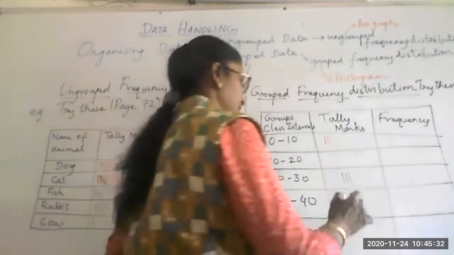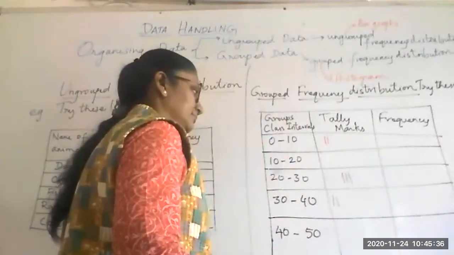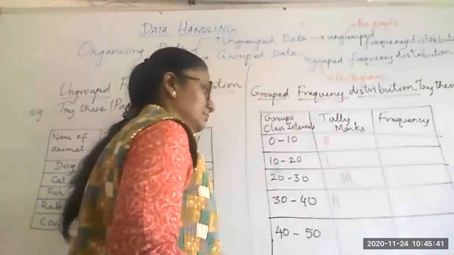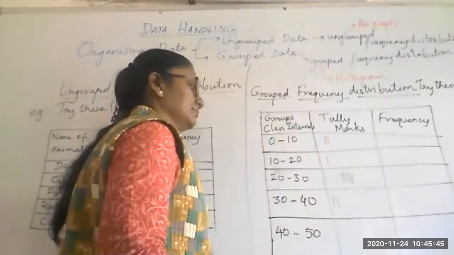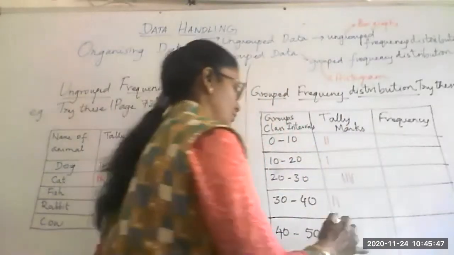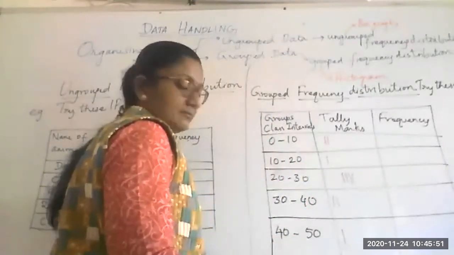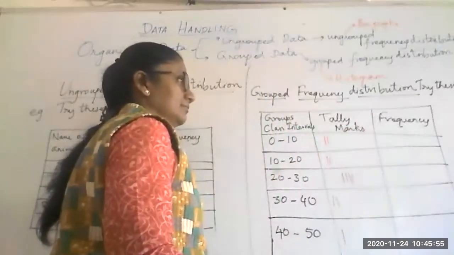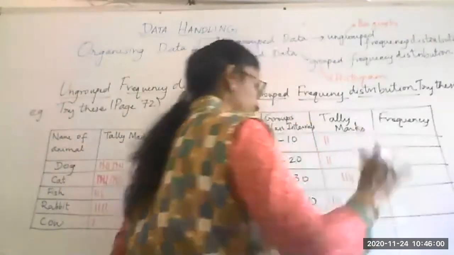Fourth group. 37, right. 12. Second group. 25. Third group. 42. Fifth group. 15. Second group. 39. Fourth group.